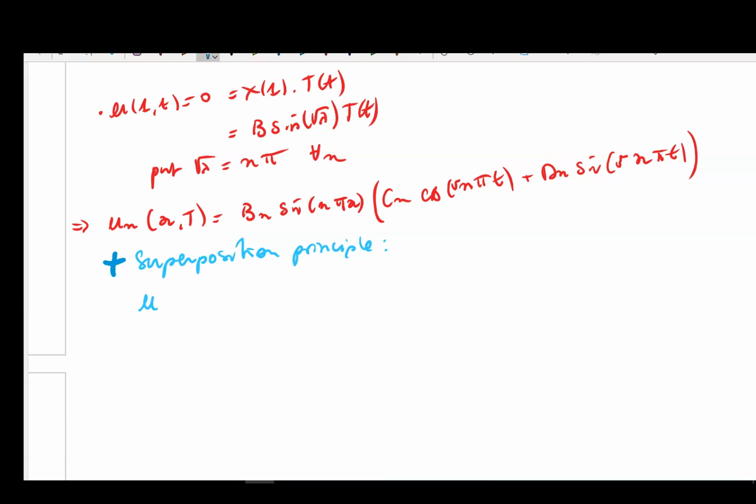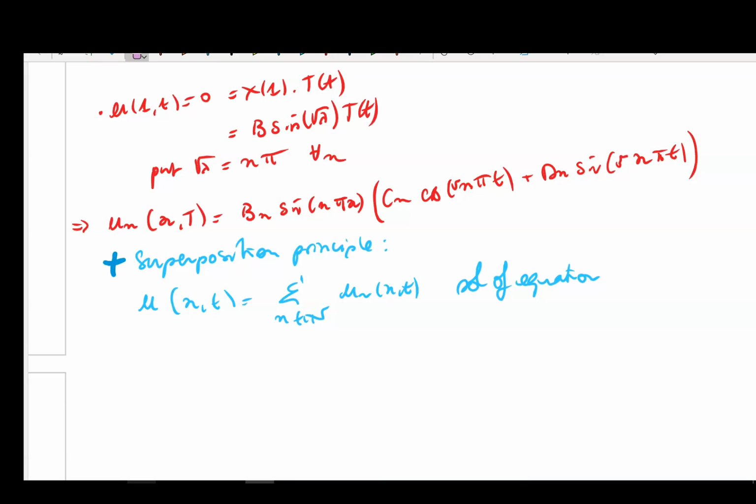So that tells you that u of x,t, which is going to be the sum for all n in N of u_n of x,t, that's still going to be a solution. And that's really fine because that's a solution of the equation that satisfies the two boundary conditions. If all the u_n are equal to 0 at both ends, in 0 and 1, then the sum is still going to be 0 in 0 and 1.